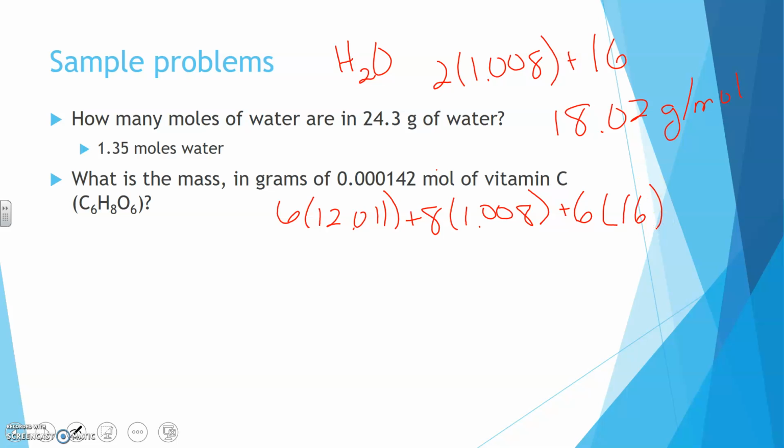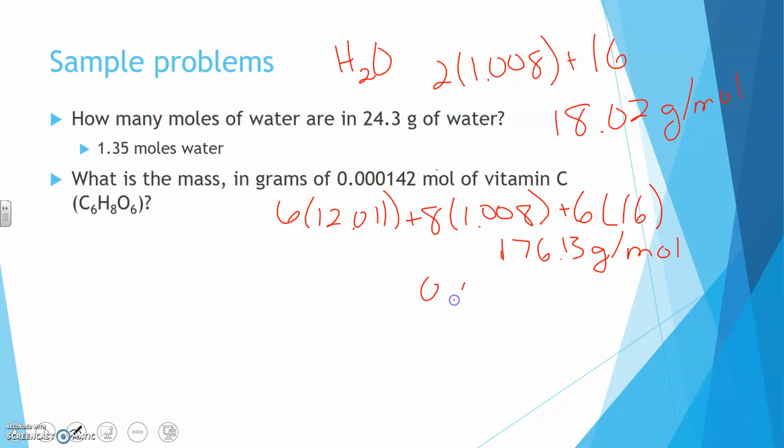So you calculate your molar mass. Go ahead and do that real quick. So you should have gotten that your molar mass is 176.13 grams per mole.